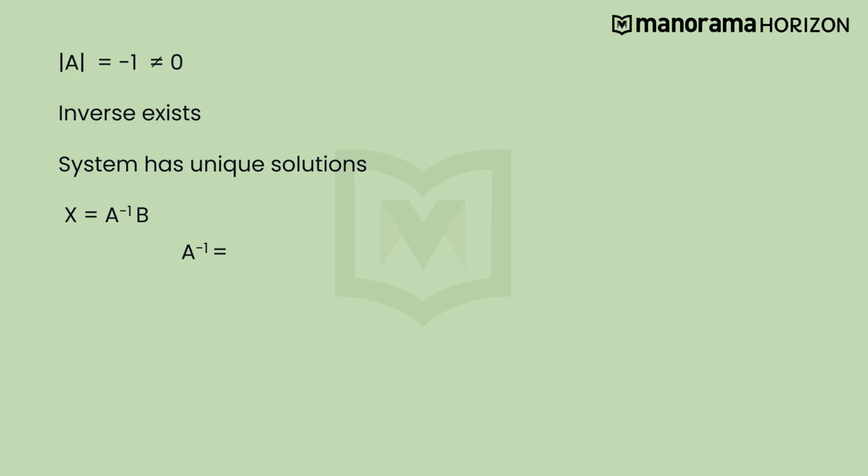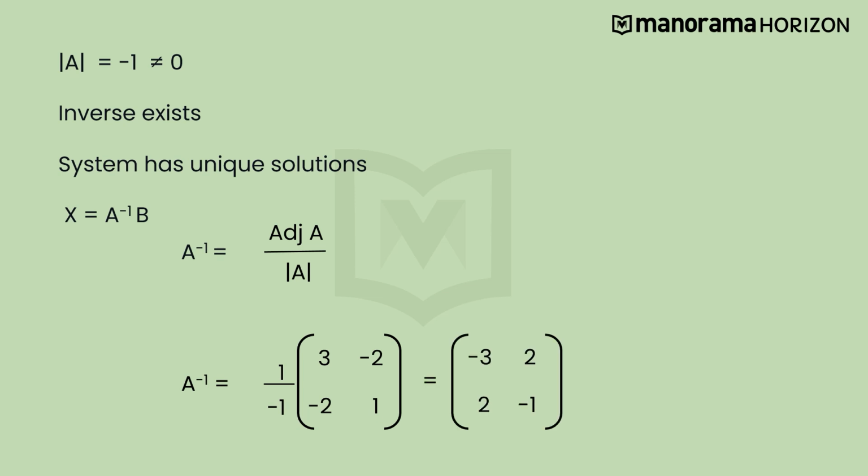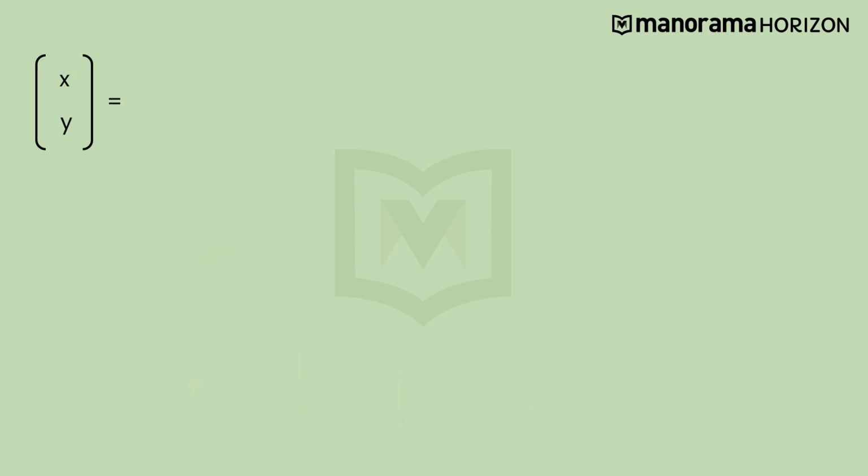A inverse is given by adjoint A by determinant A. We get A inverse is equal to 1 by -1 into adjoint, that is 3, -2, -2, 1, which is equal to -3, 2, 2, -1. Now solve for x and y.